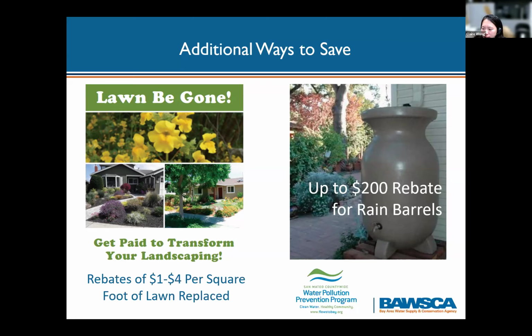Basca also has the I Heart Graywater program, which gives residents up to $200 in rebates for connecting a washing machine to a graywater irrigation system. Next, there's the Basca Lawn Be Gone rebate, which gives residents various rebates for transforming their lawns and making them more water efficient.